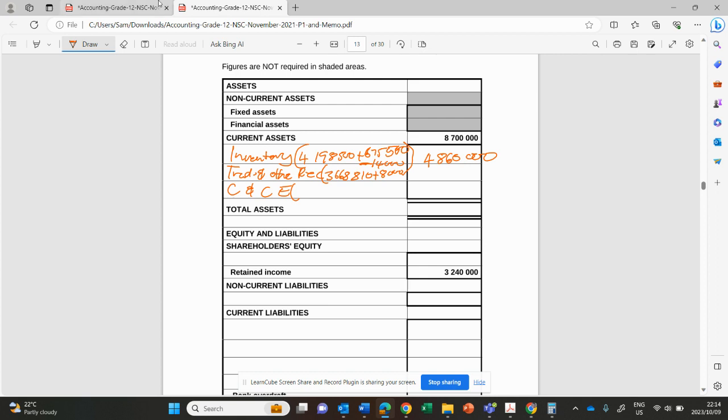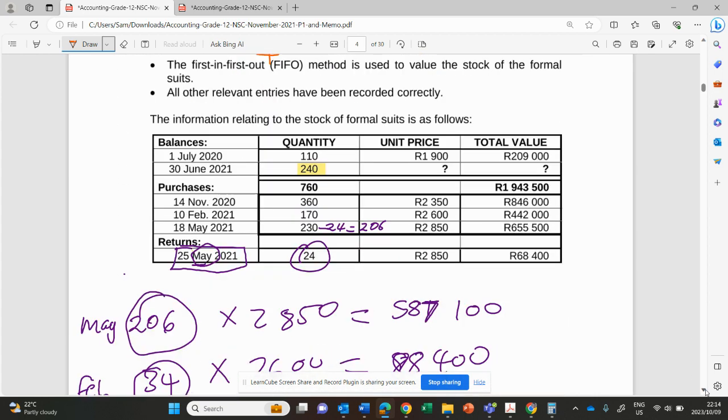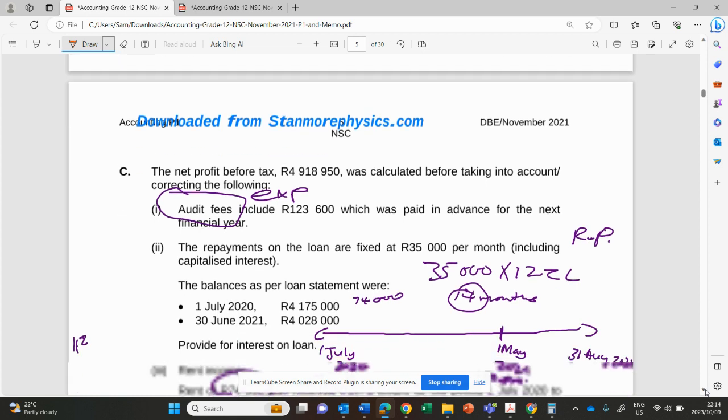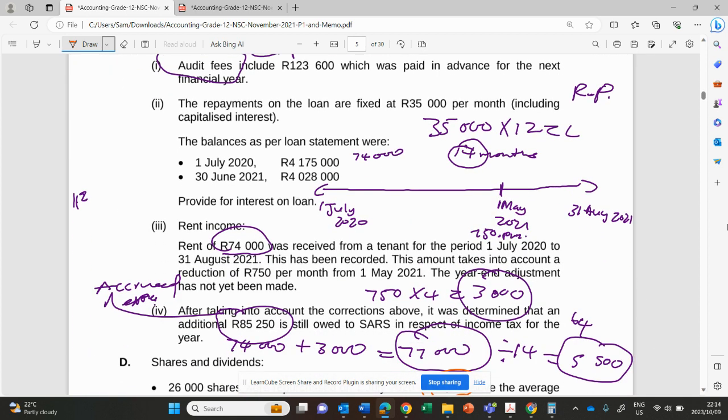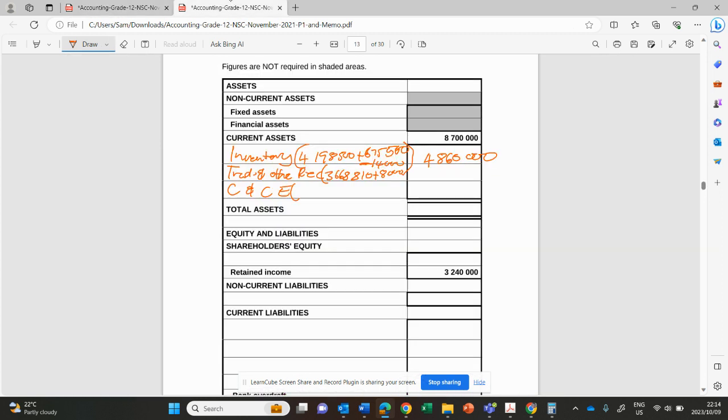Then you go find another information with regard to the receivables, which is the prepaid expense if we have. But the prepaid expense we did talk about it, which is the audit fees. The audit fees that were paid in the next financial period, which is 123,600. So you're gonna put it here, 123,600.